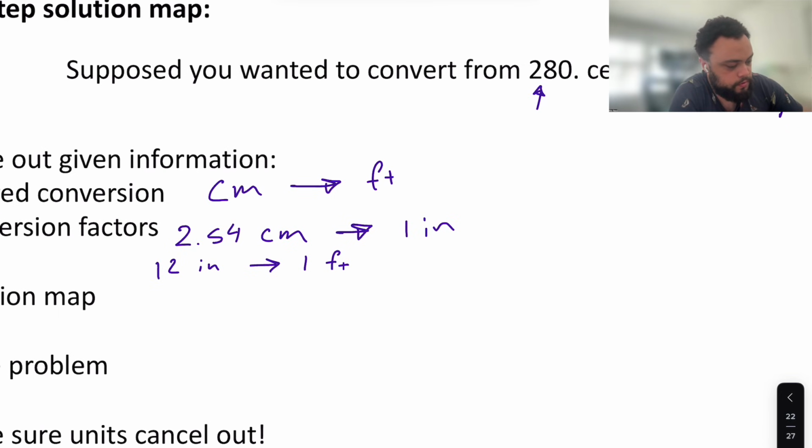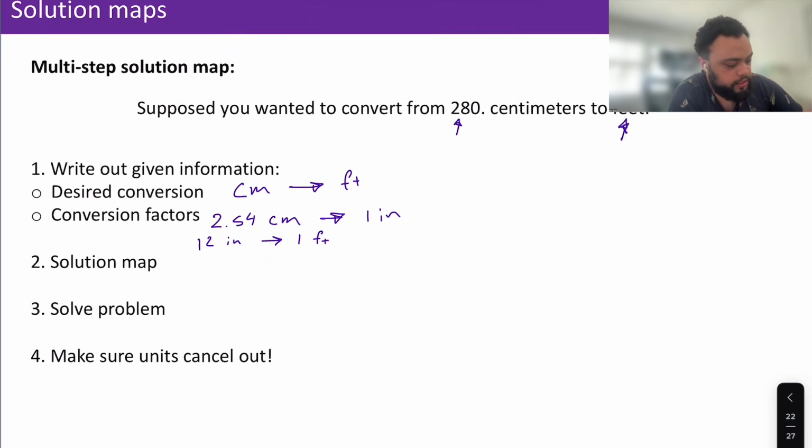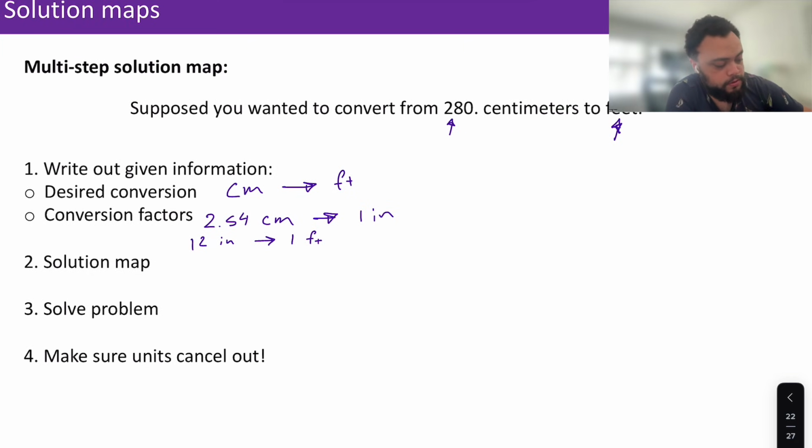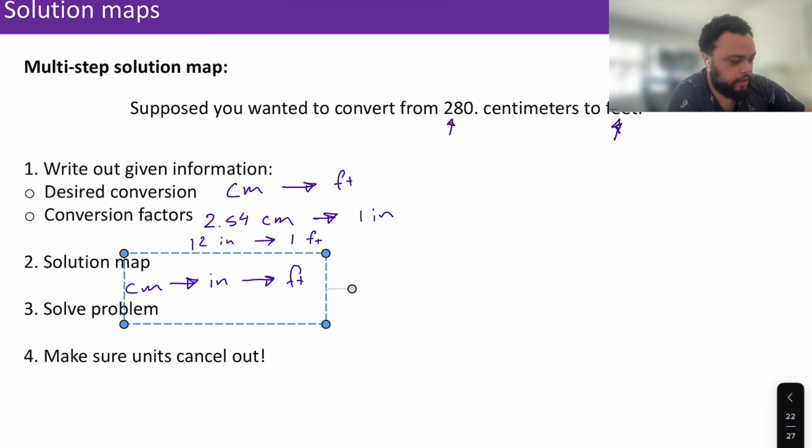And so we could even say 2.54 centimeters to inches to feet. So centimeters to inches to feet. Now we have a general roadmap of where we want to go. And that is what we can call our solution map. Our solution map is going to be how we get where we're going. Then let's solve the problem.